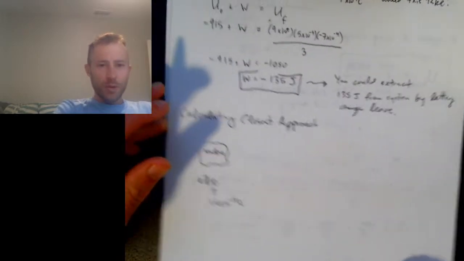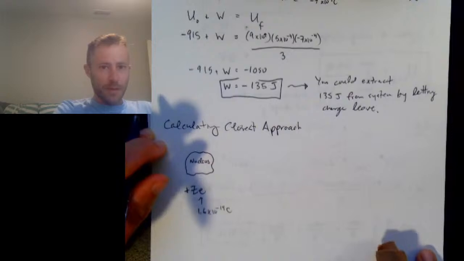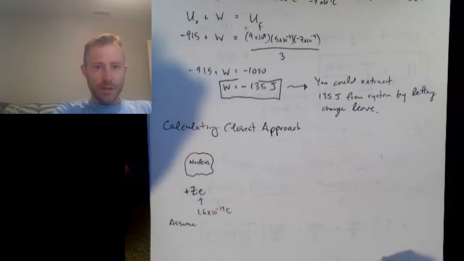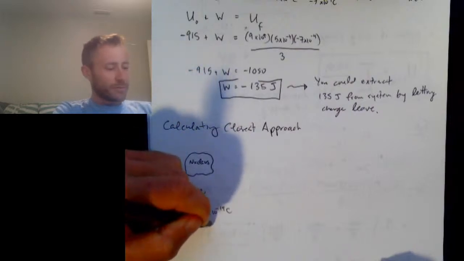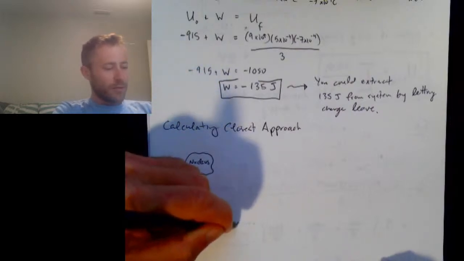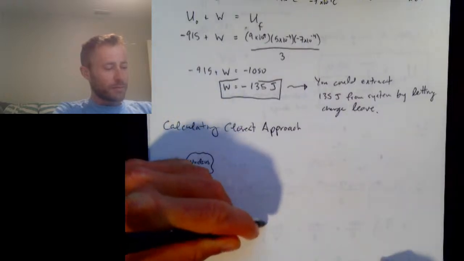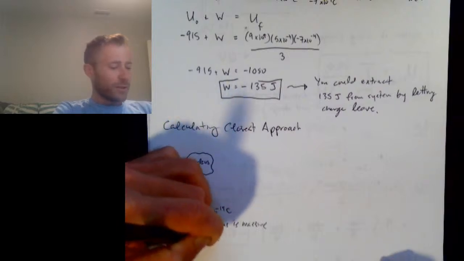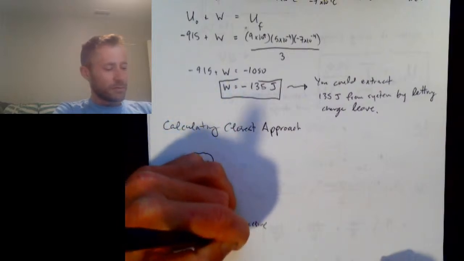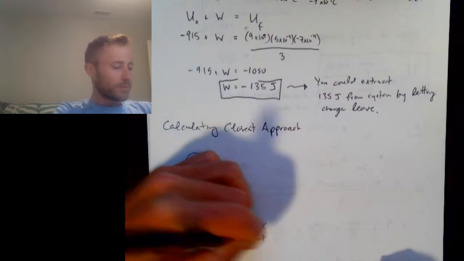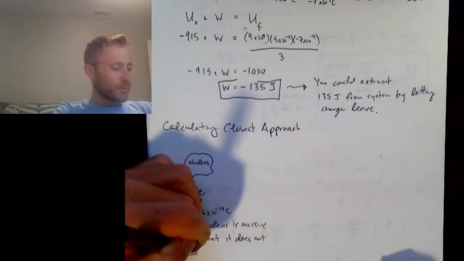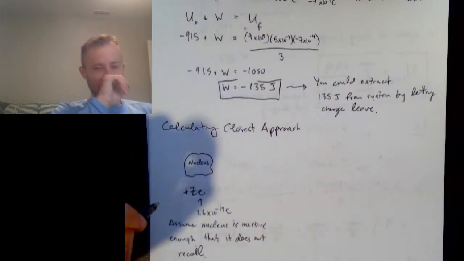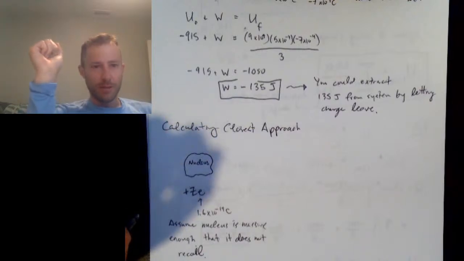For this problem, we are going to assume that the nucleus is massive enough that it does not recoil, which is not necessarily a good assumption, but it's the one that we're going to take.